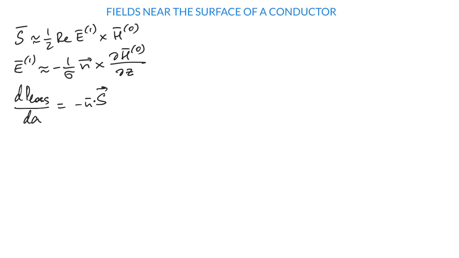So if we put this all together, we will find for the power loss the expression that goes 1/2 sigma delta, and then here I have the absolute value of H naught squared. The factor 1 / delta appears from d by dz.